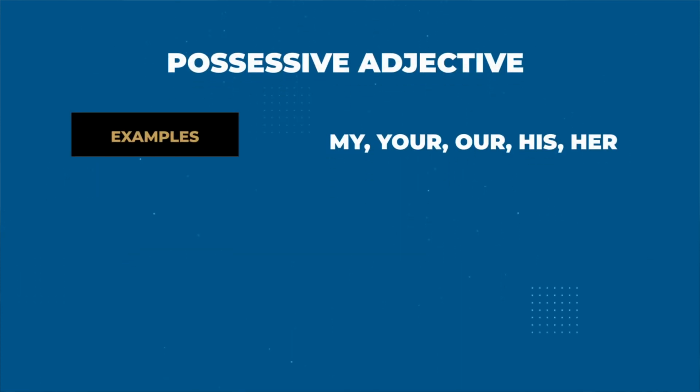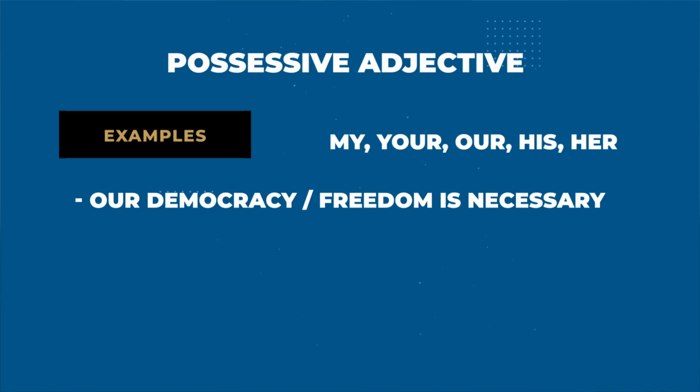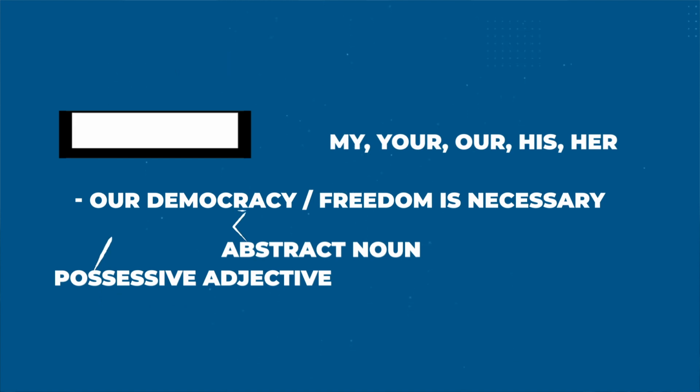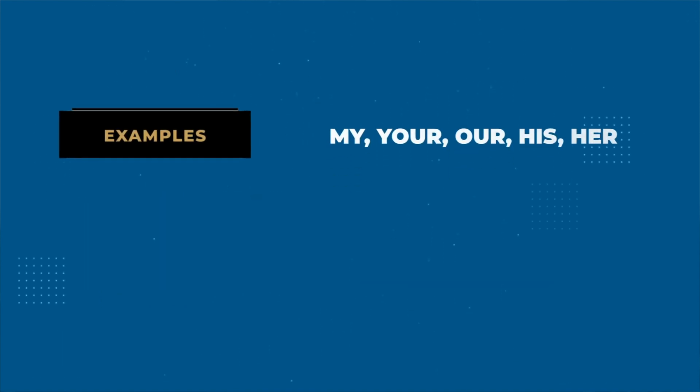Second example, our democracy is necessary. Democracy is an abstract noun and "our" is a possessive adjective. Third, his patience has ended. Patience is again an abstract noun and "his" is the possessive adjective.